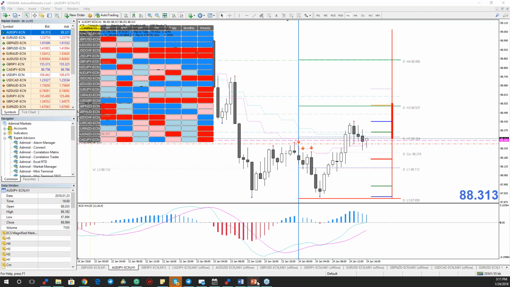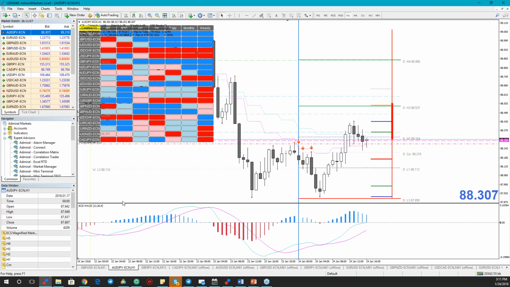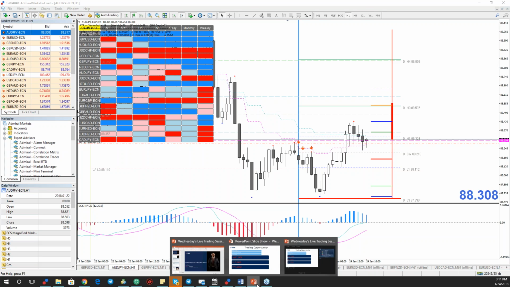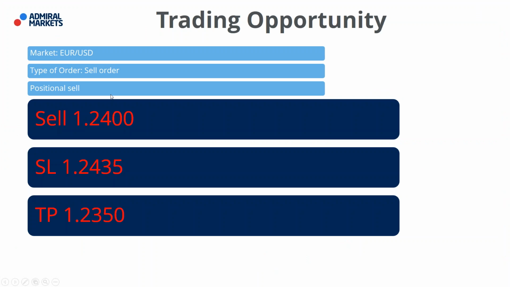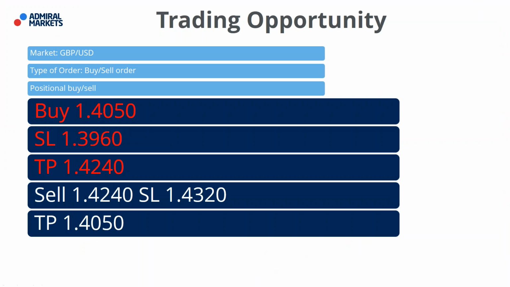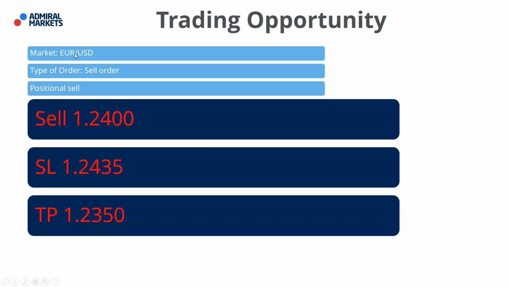Okay, so my idea for this Wednesday live trading is either a buy, but we could probably see a sell, and this is valid till Friday. Okay, guys, so Friday, it's valid till Friday. This is euro dollar.